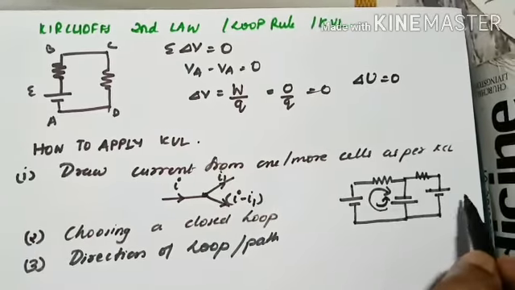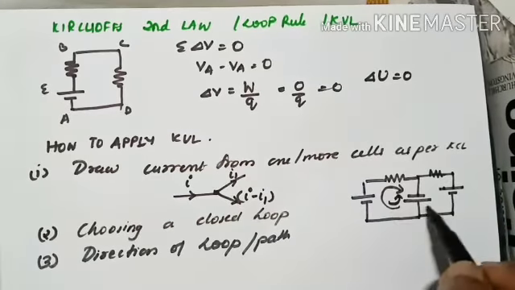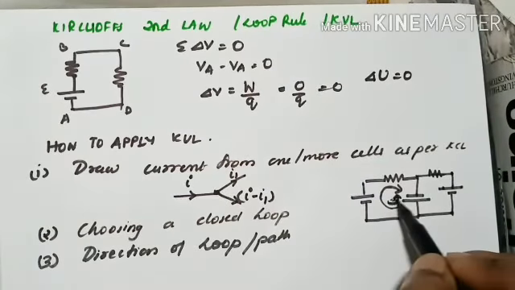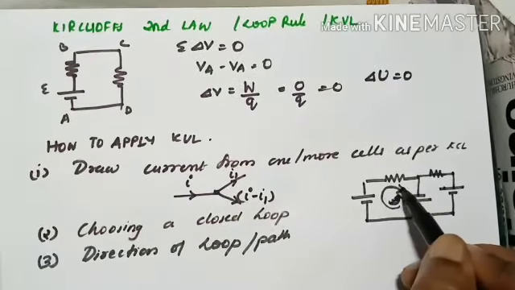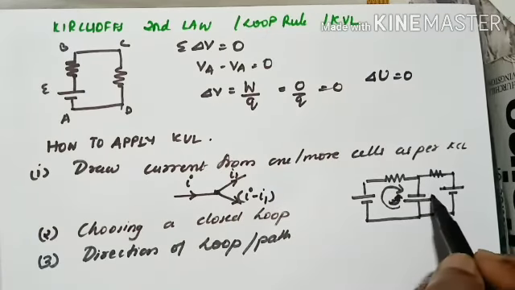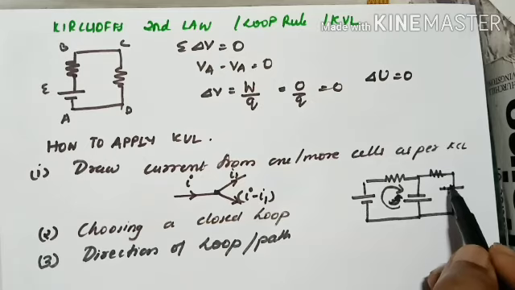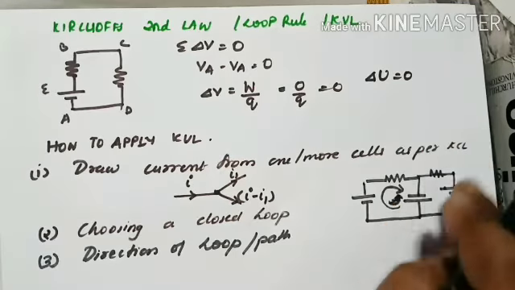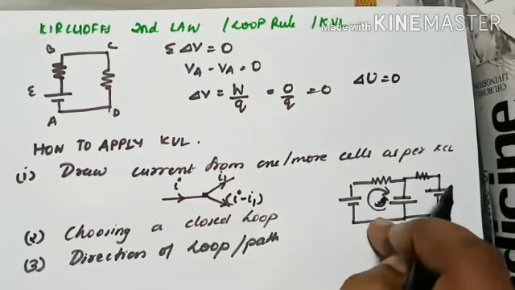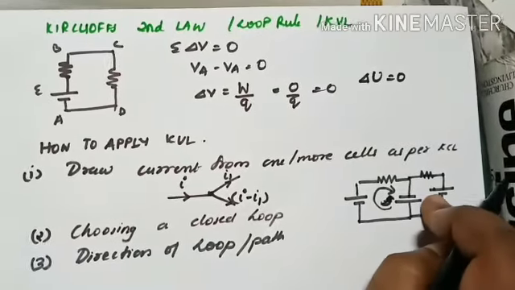So there is more than one loop. If in this loop I am moving clockwise, here also I can move clockwise or anti-clockwise. There is no fussing that if you move clockwise in one loop, the same movement has to be done in the other.